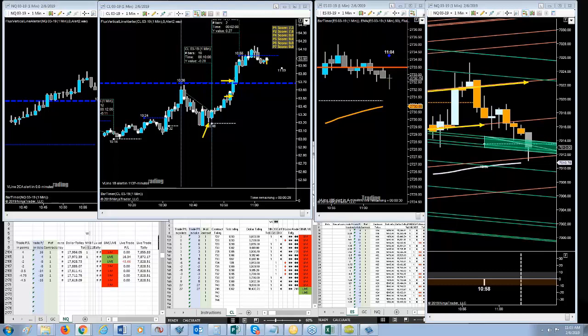Yes, we're going to exit in 30 seconds. Wait for this candle to close in the NQ before you do anything.